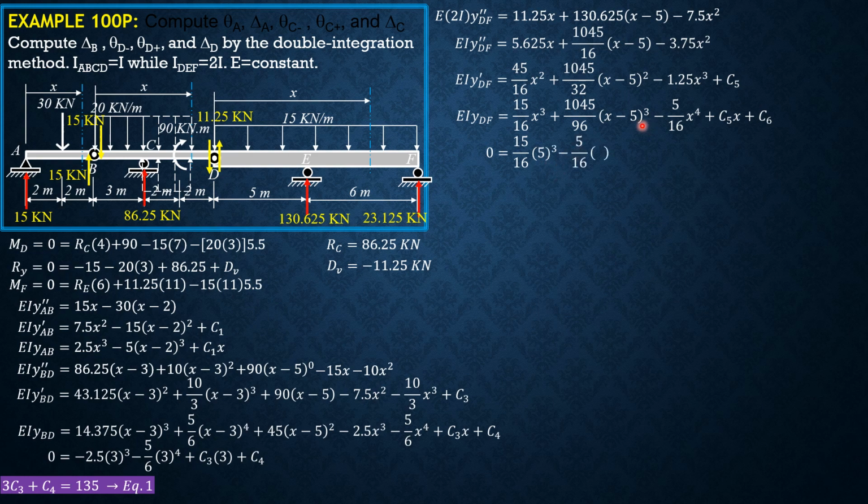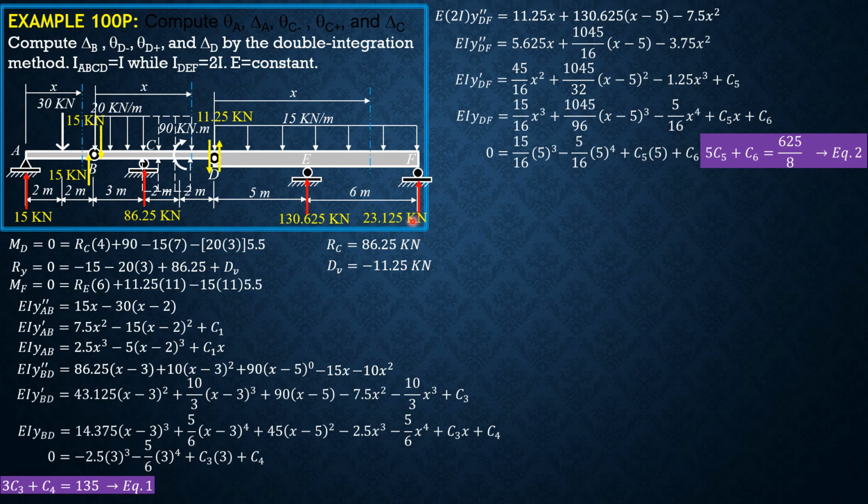So this is 0 minus 5 over 16, 5 to the fourth, plus C sub 5 times 5 plus C sub 6. So the second equation is 5C sub 5 plus C sub 6 is equal to 5 over 16, 5 to the fourth, minus 15 over 16, 5 cubed, and that is 625 over 8. So call that equation 2.